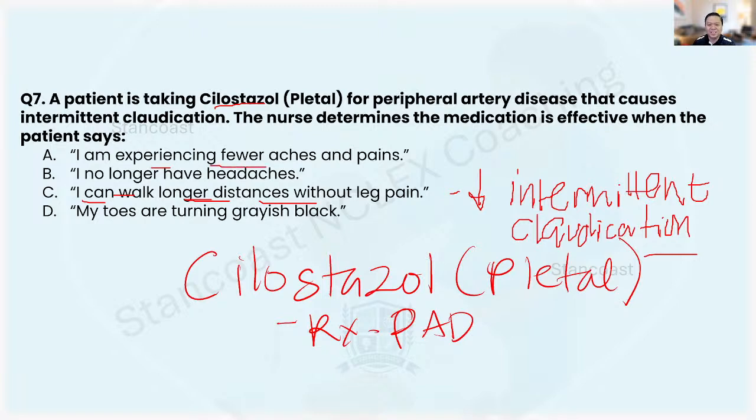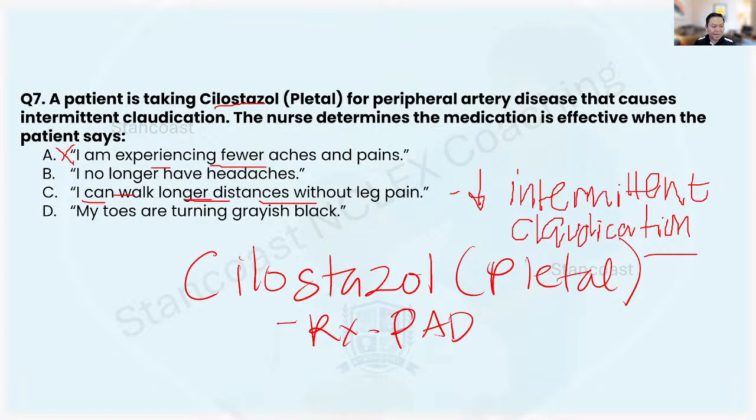So you will not be able to really determine that the patient's circulation to the lower extremity is getting better, because it's not specifying where the relief of pain is. It didn't say that. So this is a vague answer. We're going to eliminate letter A. Comparing it to letter C, I can walk longer distances without leg pain, this is the most correct answer. It has that information about less pain in their leg.